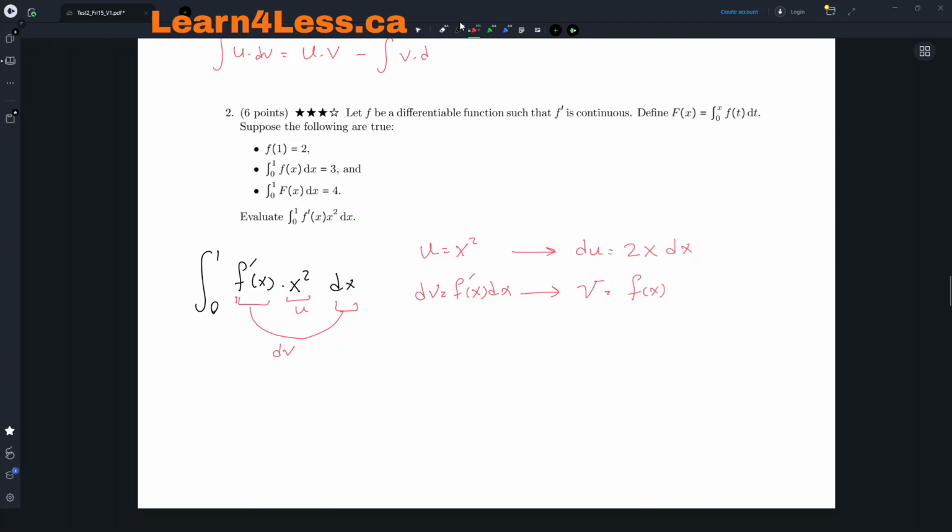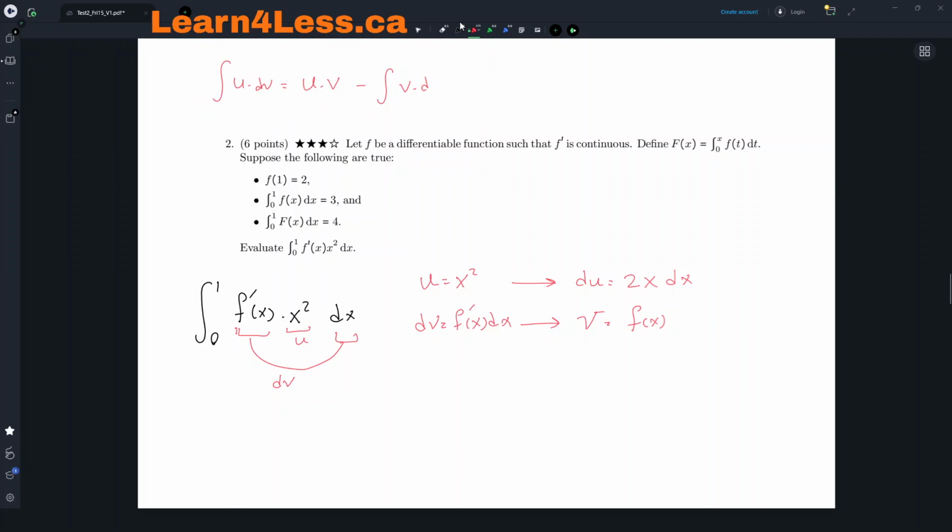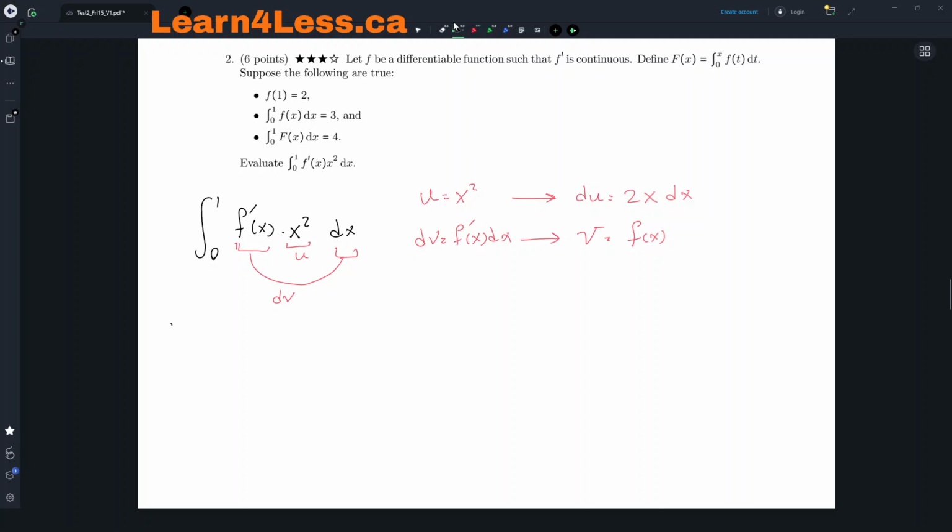So now we have du, v, and everything we need for the integration by parts formula. So I can write it as: the integral from 0 to 1 of f prime of x times x squared dx is equal to uv, which is x squared times f of x, minus the integral of v du.